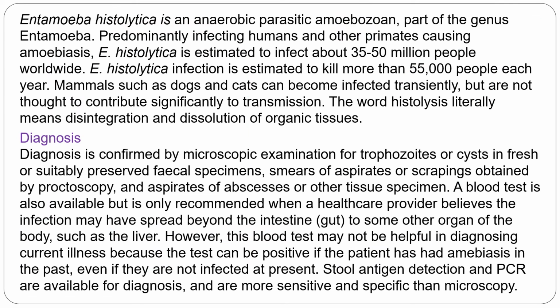Entamoeba histolytica is an anaerobic parasitic amoebozoan, part of the genus Entamoeba, predominantly infecting humans and other primates, causing amoebiasis. So you imagine, not only humans, some other primates also get infected. It is estimated to infect about 35 to 50 million people worldwide.